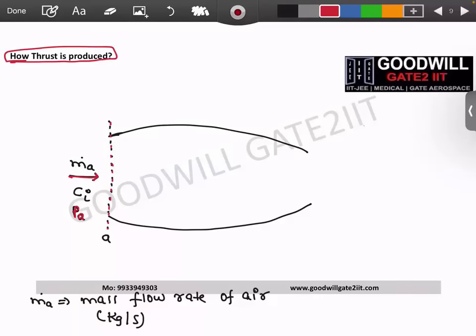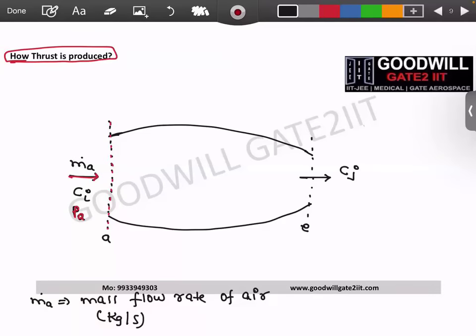So any engine, I'm not giving you that this equation is valid only for this engine. Whatever we are doing now is valid for all the gas turbine engine family. You do something inside the engine, we don't know what something is happening, but at the exit, you have high velocity. So this is our exit plane.